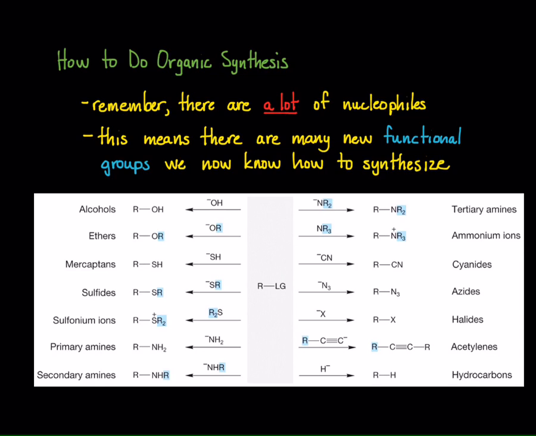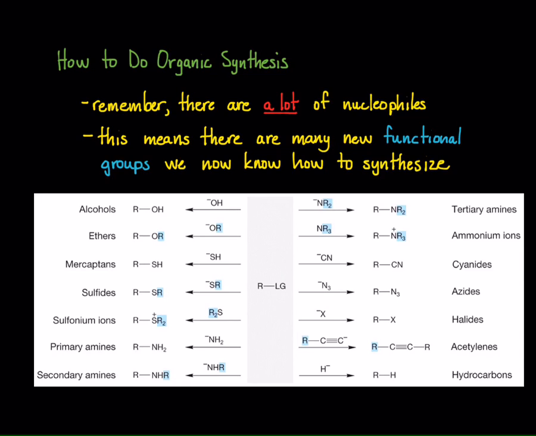Just to put that in perspective, you can see that based on this figure right here. In the middle I have some substrate with a leaving group, and the various types of nucleophiles that we may encounter. Hydroxide is a nucleophile. When hydroxide reacts with a substrate with a leaving group, you get alcohols.